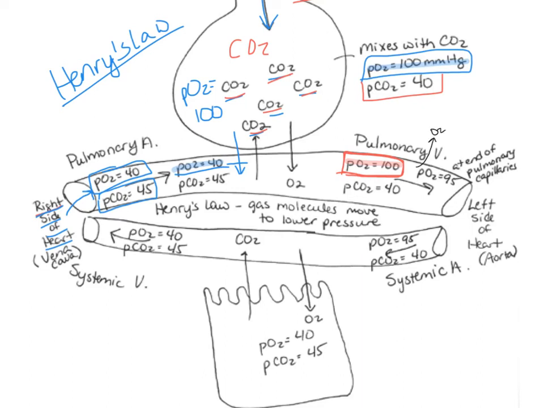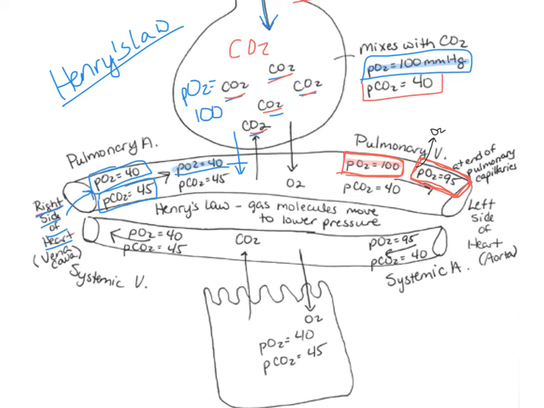So by the time it leaves the lungs, the PO2 will drop just a little bit to 95. That's the number going back to the heart, and that's the PO2 that will be distributed to the rest of the body. So we just have a little bit of dropping just because those capillaries merge together in the lung.